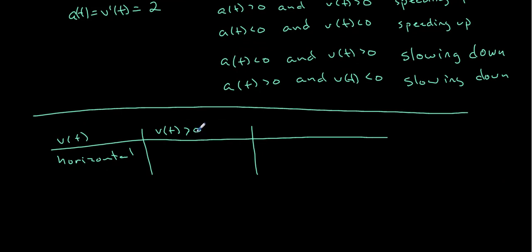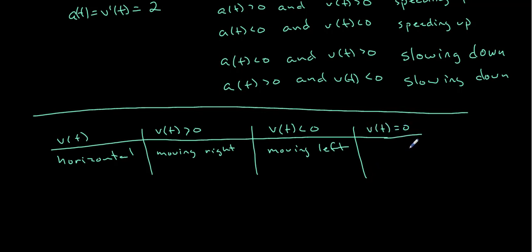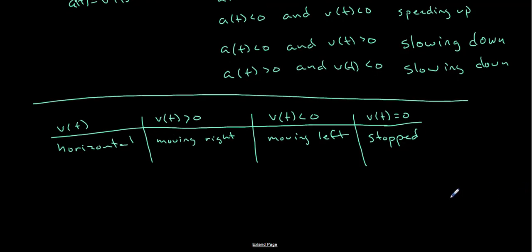Which way is the positive direction? Horizontally, right, moving right. Okay, what if v of t is less than 0? Moving left. Ooh, what if v of t equals 0? What's one word to say not moving? Stopped. Yeah, not moving is fine.